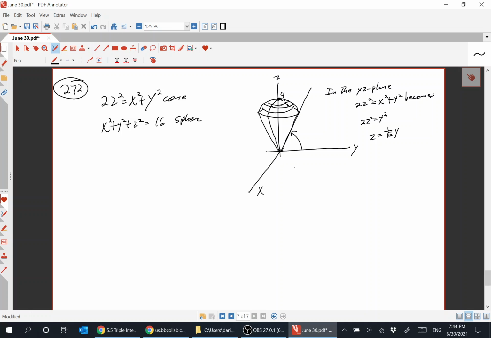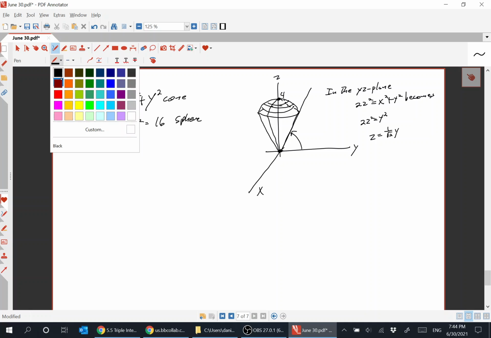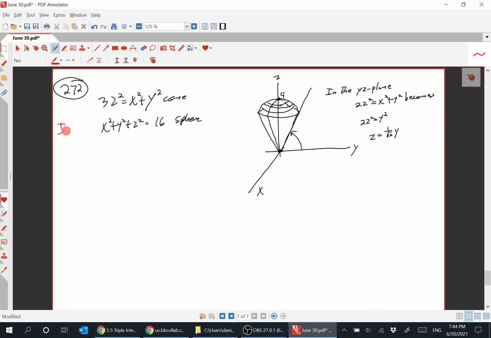I think it's got to be a typo. It's got to be a typo. I think they mean to put a 3 here. So in the book it says 2z squared.